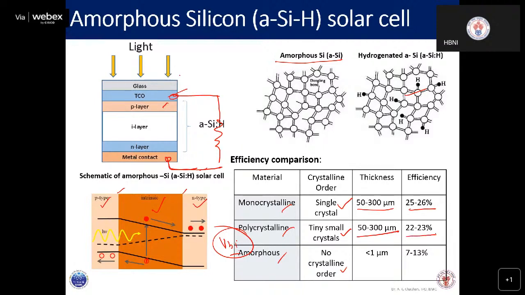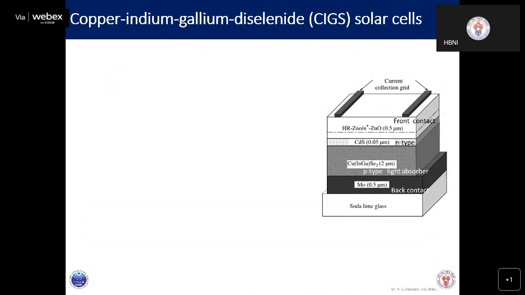And then for polycrystalline we get 22 to 23%, and for amorphous we get nearly 7 to 13%. But these are small solar cells which are used at a localized place where very small power devices are used, like watches, calculators, and such things.